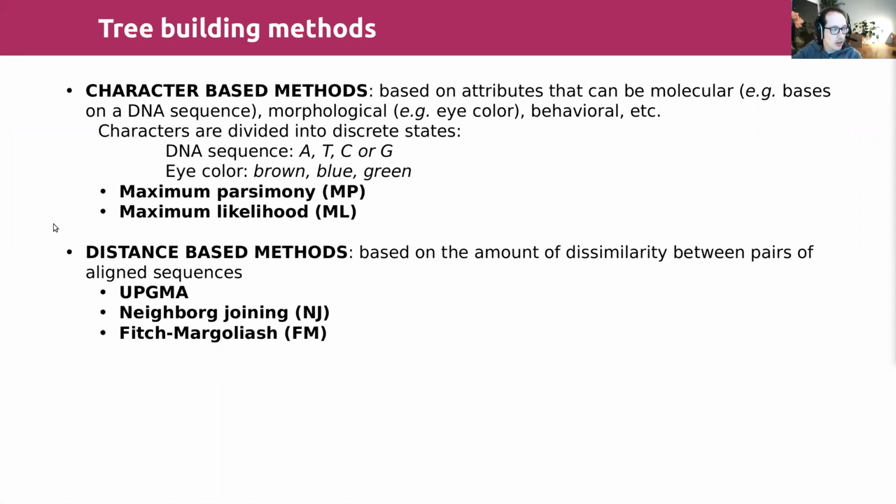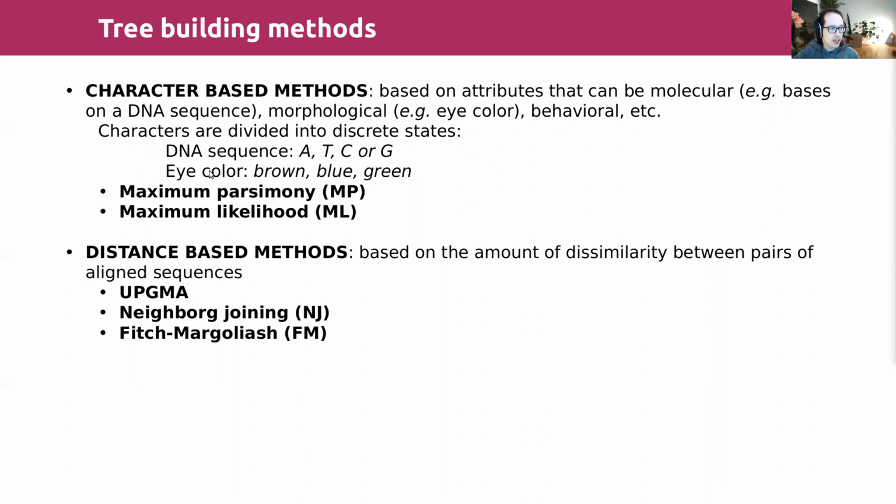The first are known as character-based methods, and these are based on attributes, discrete attributes. And these can be DNA bases, for example, ATGC, but they can also be morphological features like eye color or behavior.